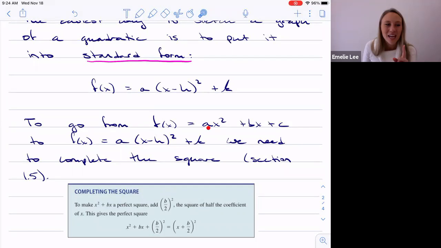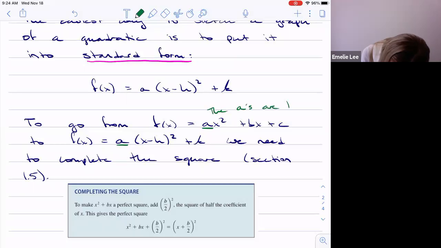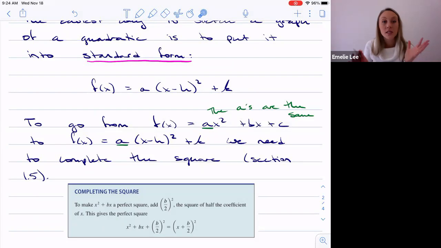Either way, there's an A here and an A here. The A's are the same. So you have this A and it reappears here. This A tells us if it's pointing up. If A is positive, then it's pointing up, and if A is negative, then it's pointing down.